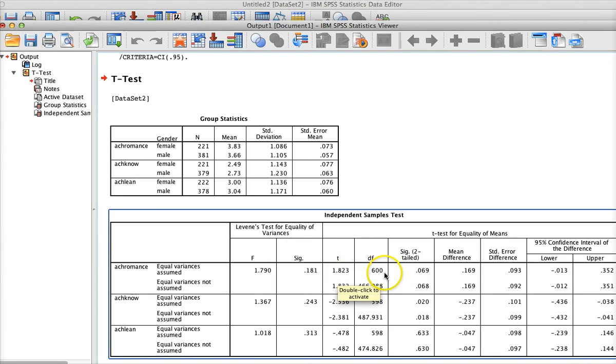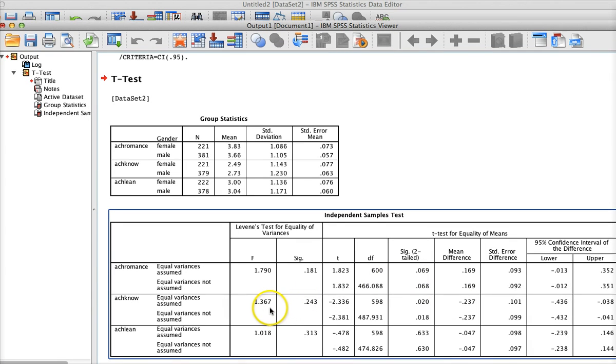So this t with 600 degrees of freedom, remember the degrees of freedom is N1 plus N2 minus 2. And that's based on the number of people who answered the question. So you can see that it's a little different for these three tests. But anyway, it is not statistically significant. The difference between those means could be attributed to sampling error. It's close, but not significant.